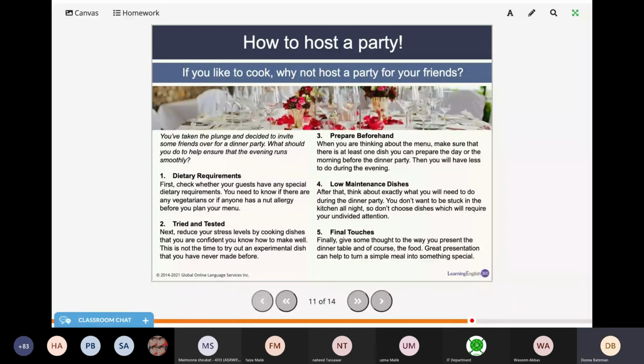Is there a particular colour that you want to have in the room? Candles. Can you make fancy animals and things with napkins? How do you make it special? Particularly if this is for a special occasion, it's someone's birthday or some other celebration. So lots of ideas for you.